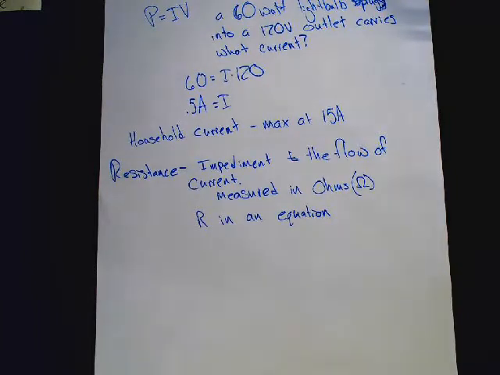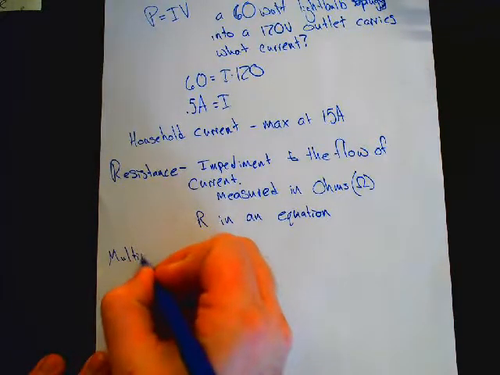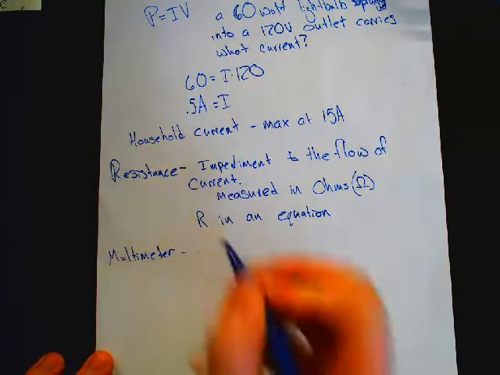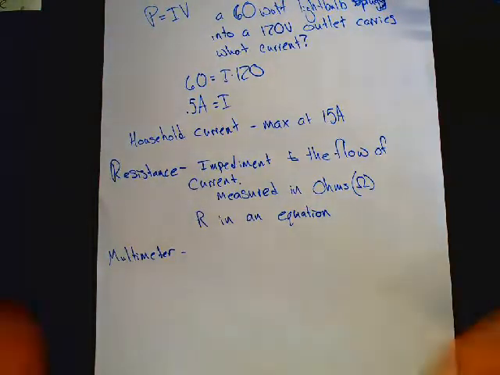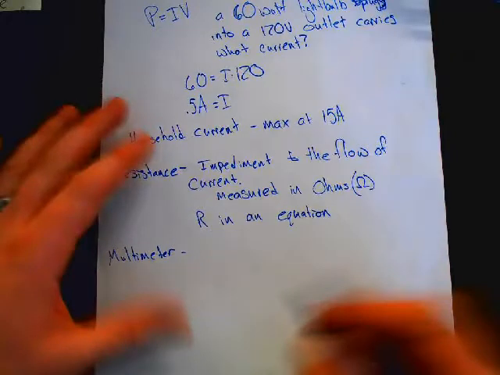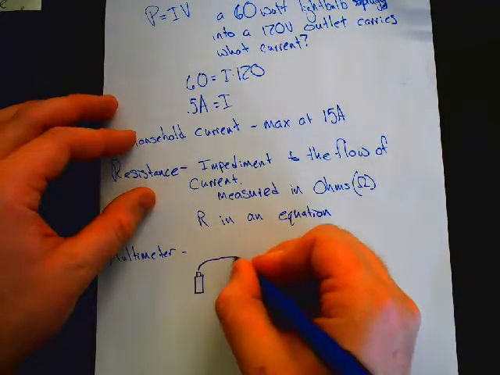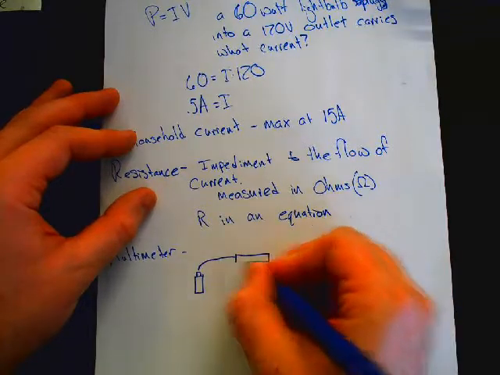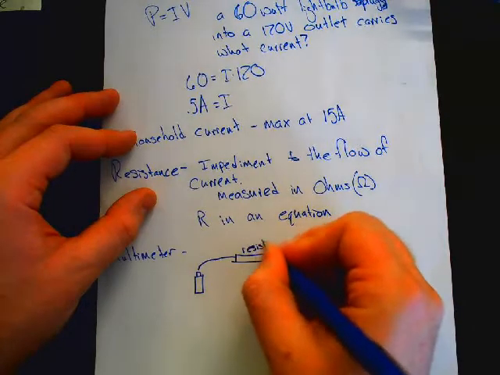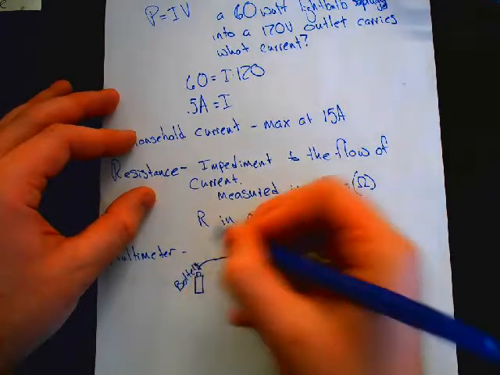Now, in order to do that lab, you're going to need to know how to use a multimeter. And a multimeter operates on two separate principles. The first principle is that in a circuit, or in a singular loop, current is the same at all points. So if I have a battery and I connect it to a resistor, battery, if you know these symbols, feel free to use them.